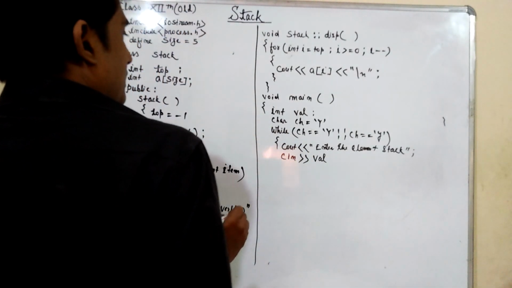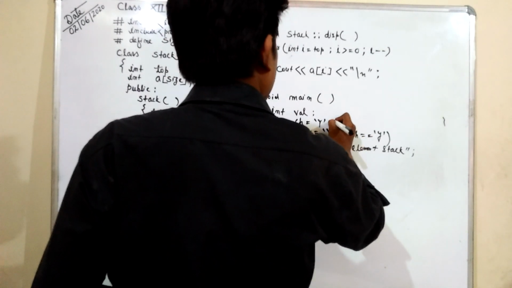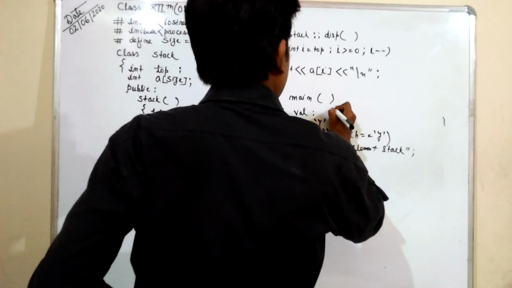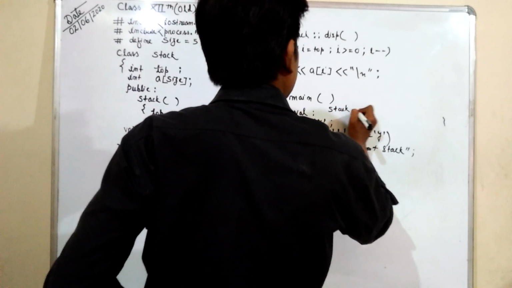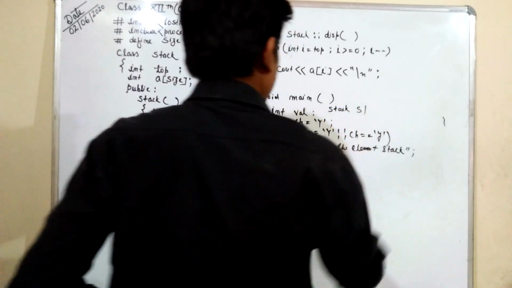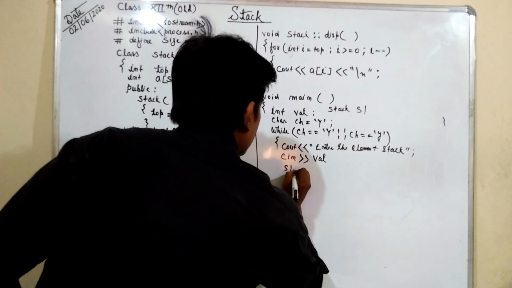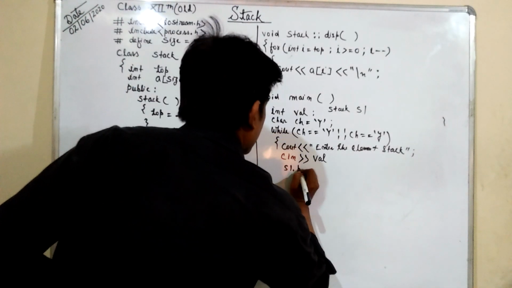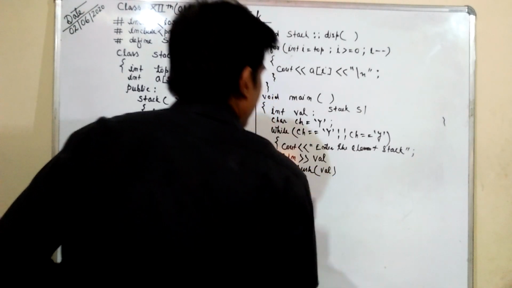So first of all, here in the void main we can create the object for the stack, Stack s1. Here Stack s1, dot push, and pass the parameter val.